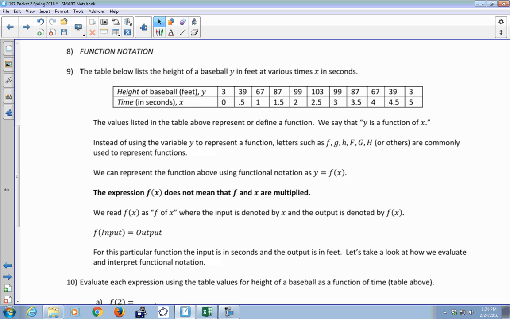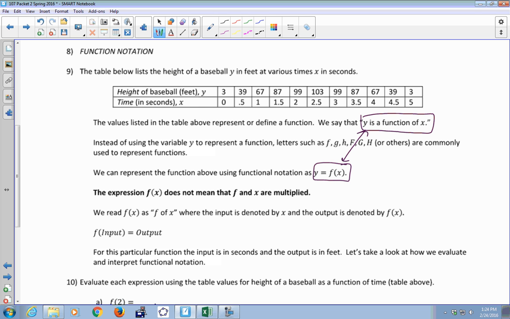We represent the function above, this basketball height function, as y equals f parentheses x. This is brand new notation, and you would read it, y is a function of x. These 2 are equivalent. You read y equals f parentheses x as y is a function of x, or y depends on x.